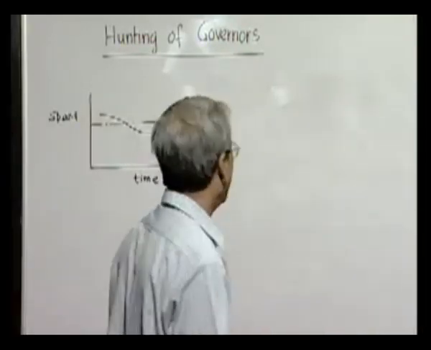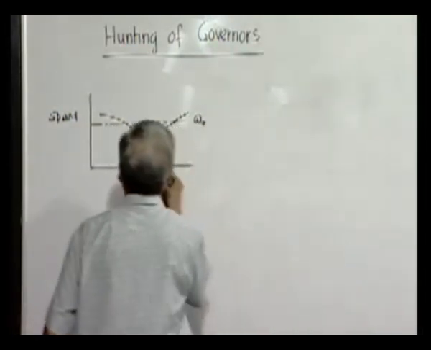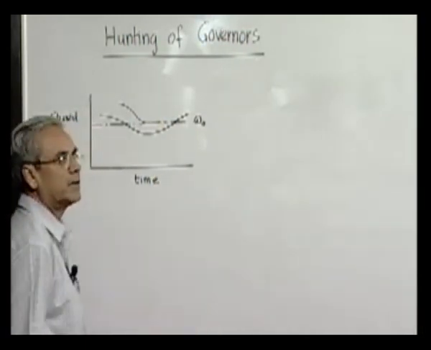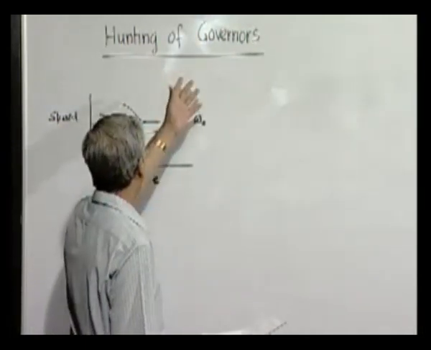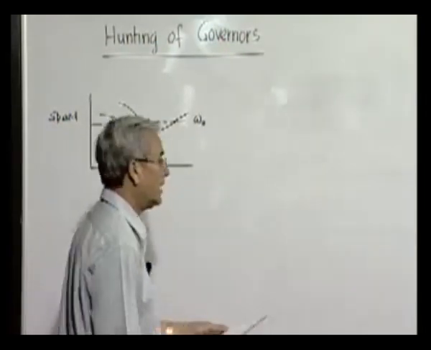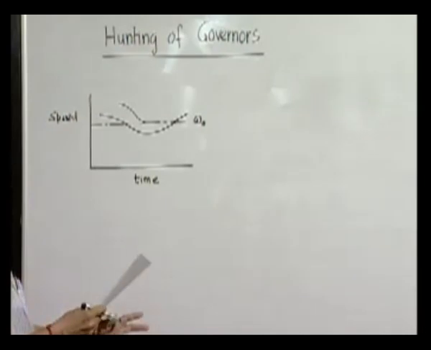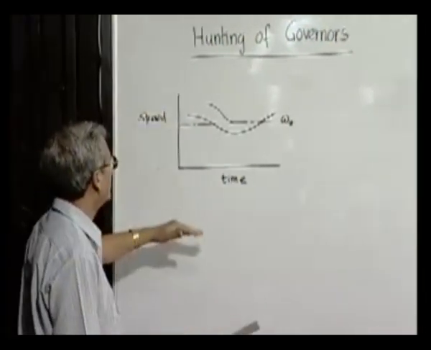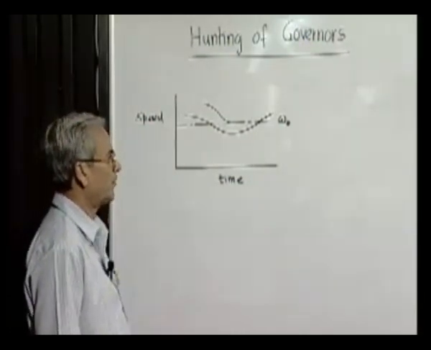It will not asymptotically stop. The ideal situation would have been we start here and then we reach this, but that will not happen, and the phenomenon of hunting becomes more prominent in certain cases, particularly where the natural frequency of the system matches with the frequency with which the power or the requirement load etc. are fluctuating.